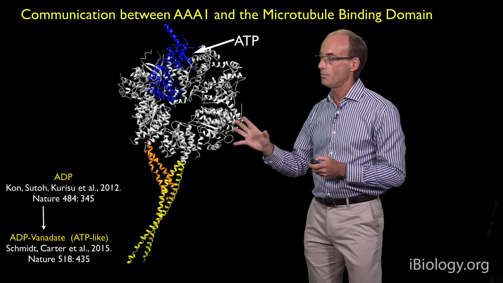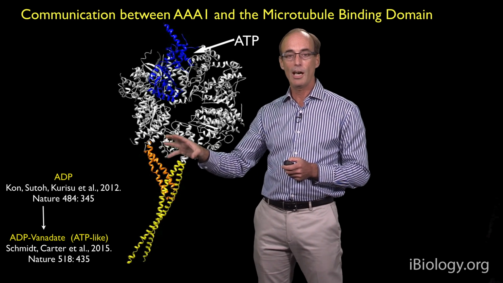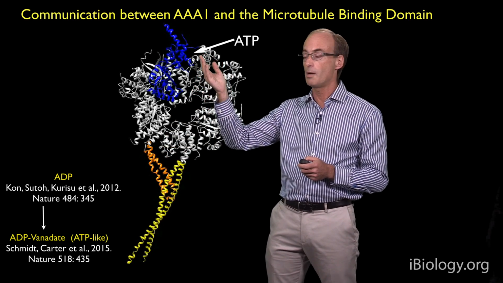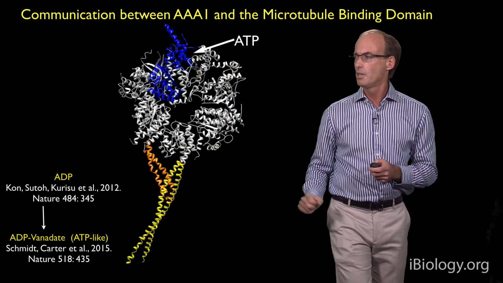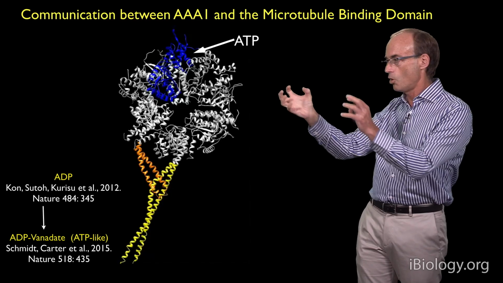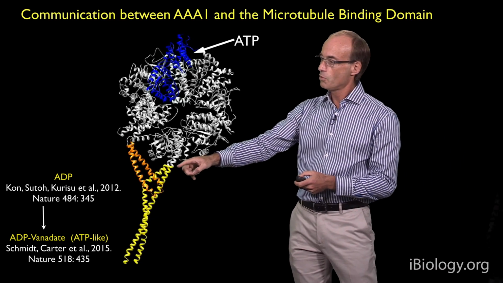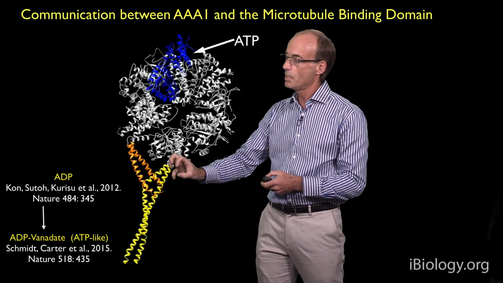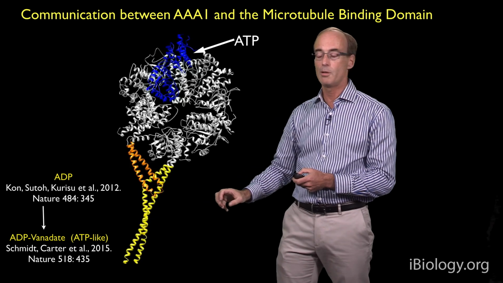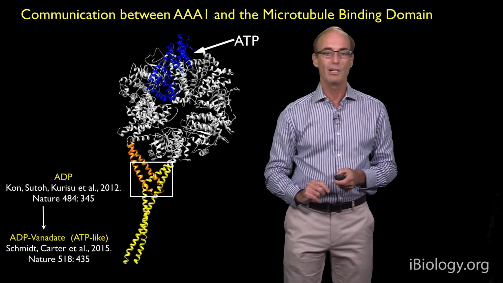And in this video, I'm going to focus particularly on these coils and how the conformational change can be propagated from AAA1 all the way down to the microtubule. So here's the movie. You can see the whole ring kind of distorting in shape. And if you look at what happens here, this orange coil, the buttress, gets pulled away from the stalk. So that creates tension on the stalk over here.